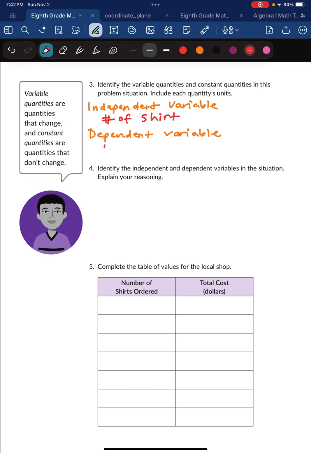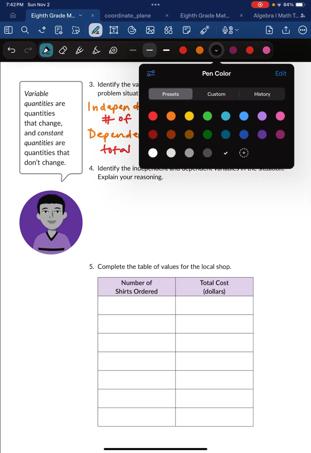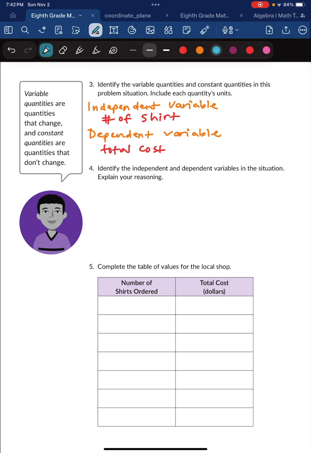And the dependent variable is going to be the total cost. Because you can always ask yourself, what depends on something else? So the total cost depends on the number of shirts we need to buy. Make sense?